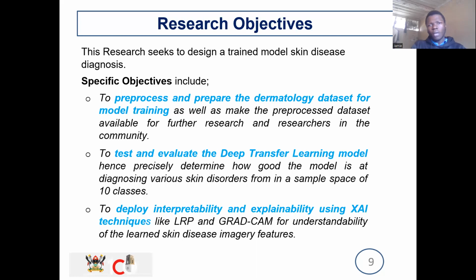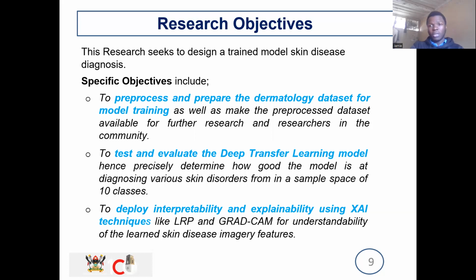So for our research objectives, we aim at designing a trained model that will diagnose skin diseases. For specific objectives, we plan to process and prepare the dermatology data set for model training.